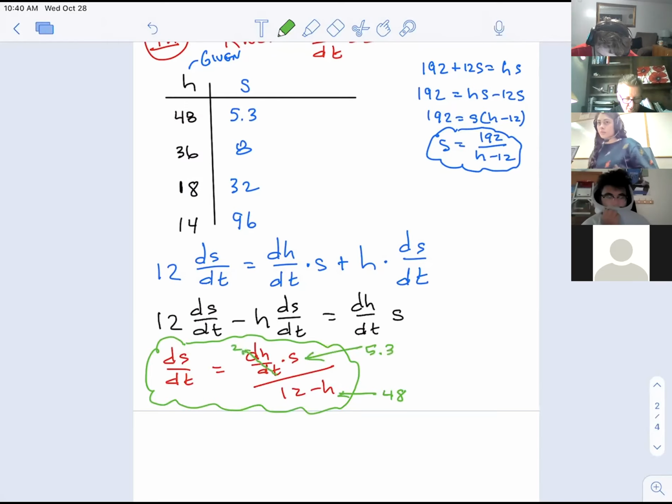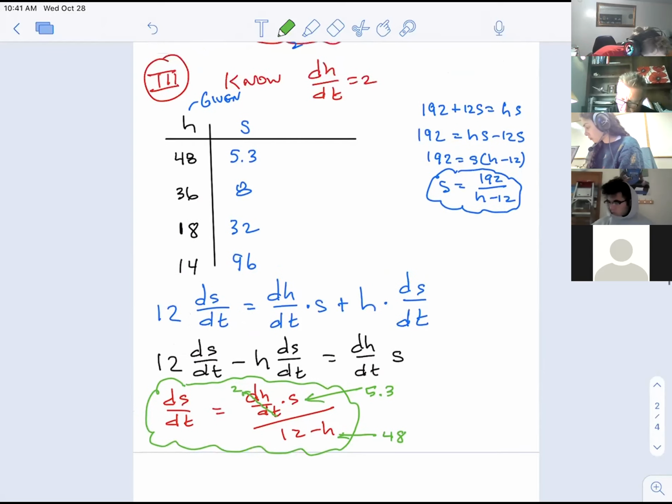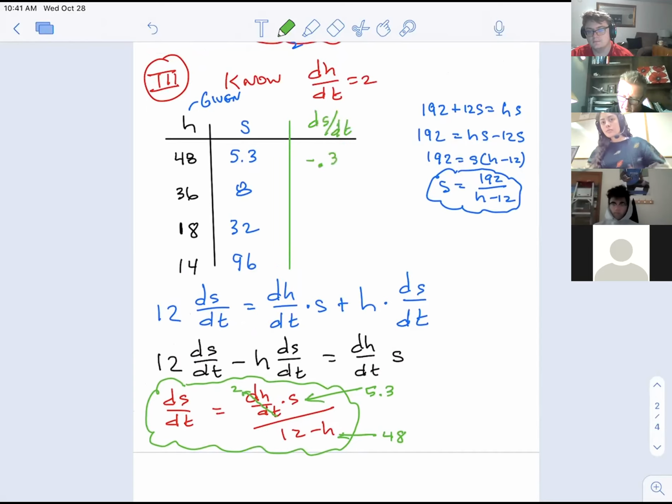I say 2 times 5.3 divided by 12 minus 48. And I got negative 0.29 for the speed of my shadow. Negative, about negative 0.29 or negative 0.3.